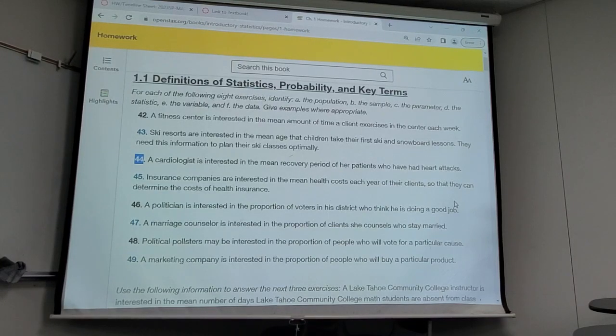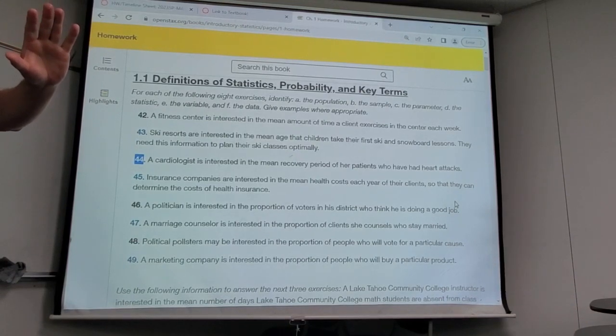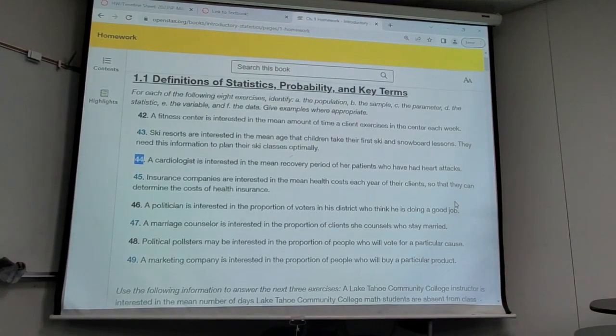Replace it with a number. 80 of her patients who have had that, right? You guys understand? It really is that simple, because again, the population and the sample are both referencing groups in the same way, just the population is referencing everybody and the sample's representing a subset. Or discussing a subset. Okay.